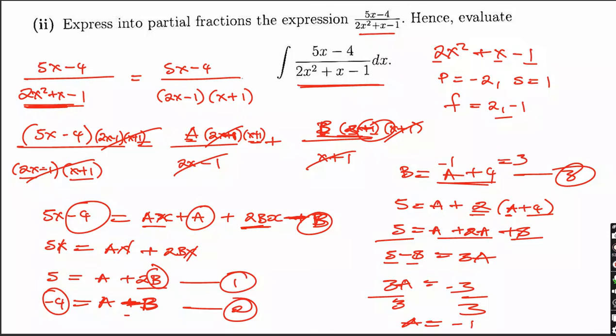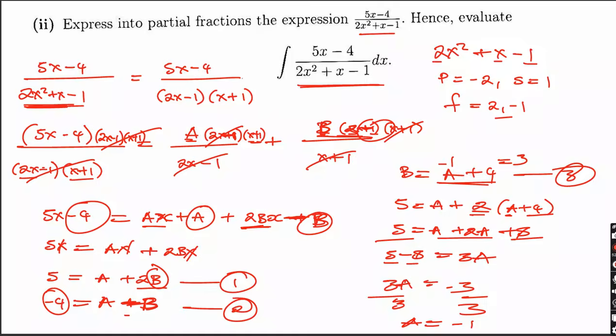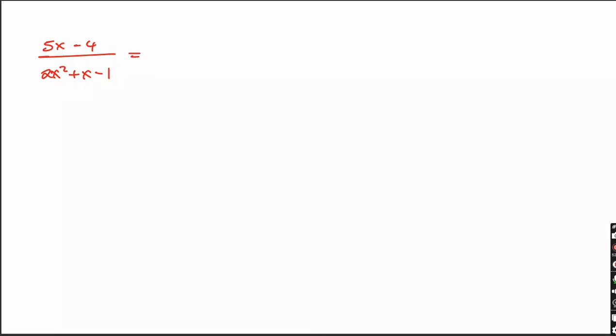So the partial fraction for 5x minus 4 over 2x squared plus x minus 1 is just going to be equal to, we had a here, and we had b there. So our a is going to be negative 1 over 2x plus 1.